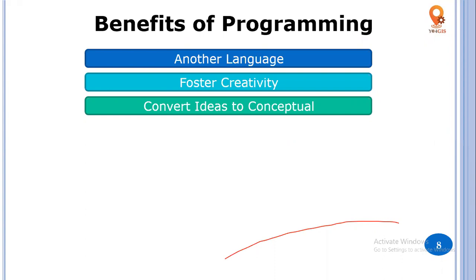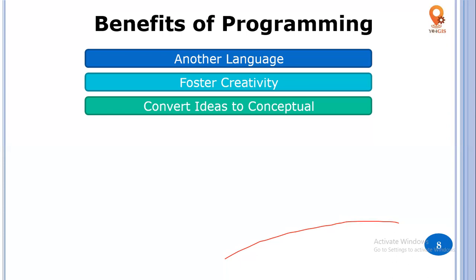Whatever application you are seeing, Ola, Uber, Zomato, Swiggy, what is this application? There is a person who has the concept, who knows that if we create that kind of application, it will be helpful for the people.